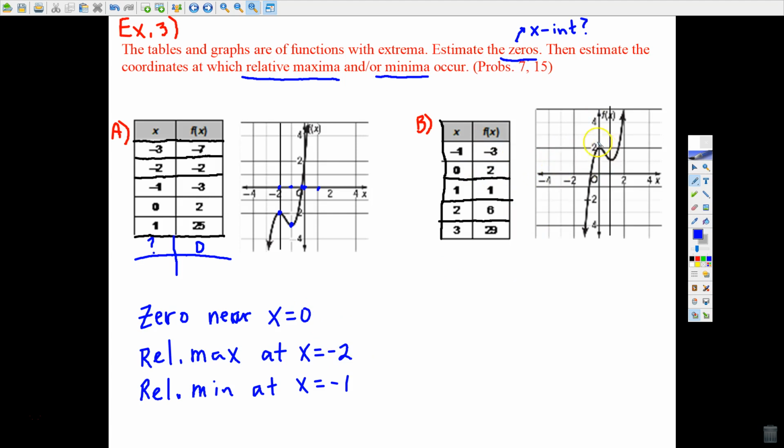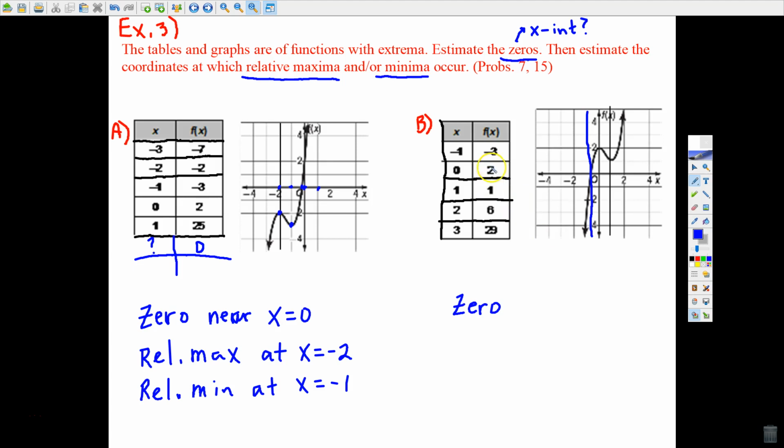Let's estimate the zeros here, and once again, this vertical line did not come through very well, but there should be, just didn't copy, there should be a vertical line indicating x is -1. So when it says find the zero, that's just another way of saying, can you determine in an estimate where the zero is near?